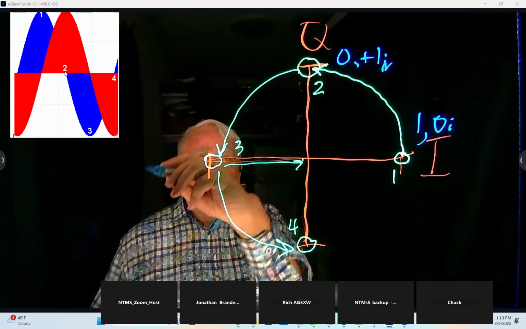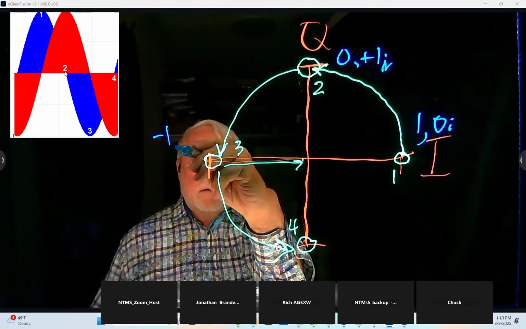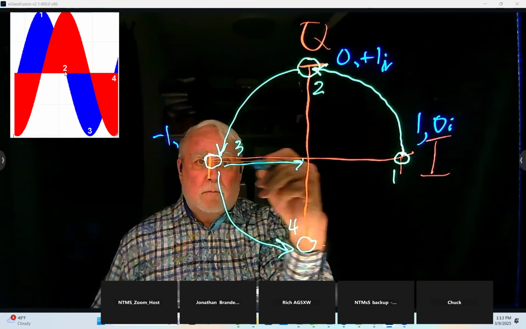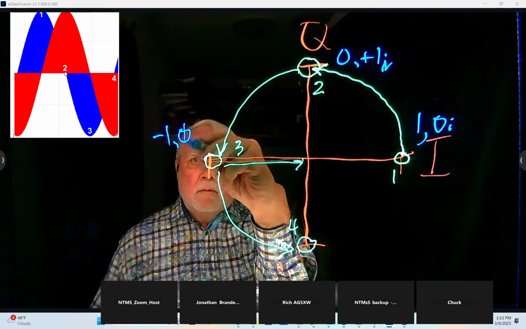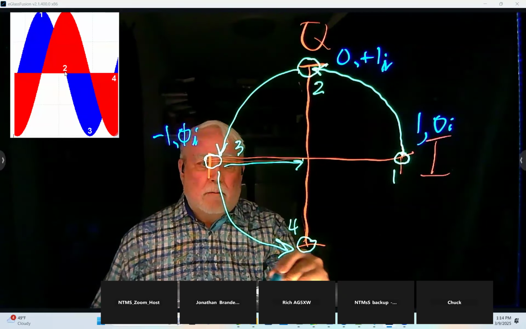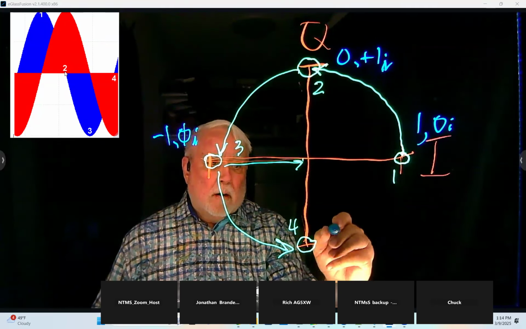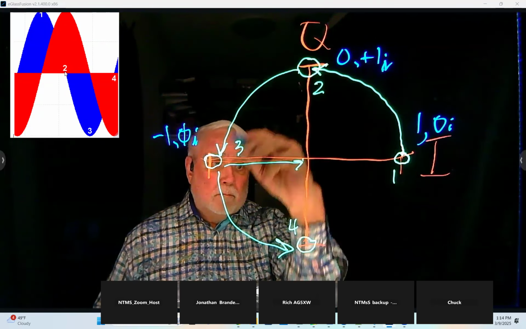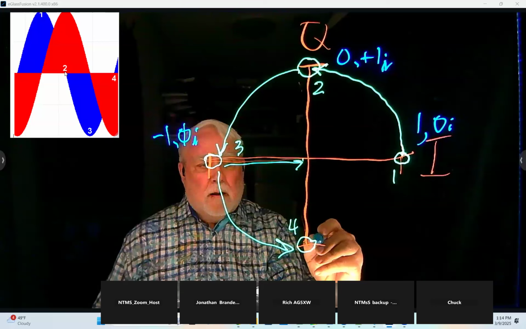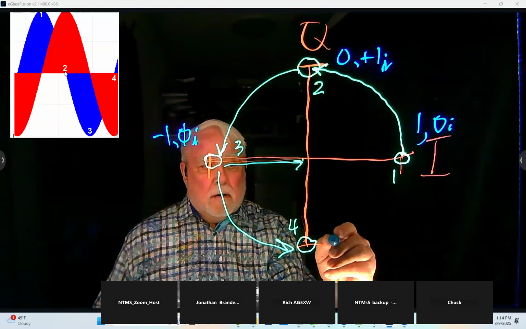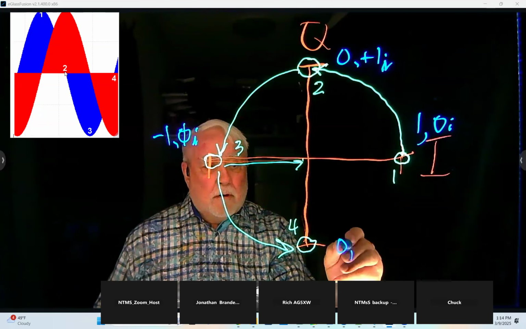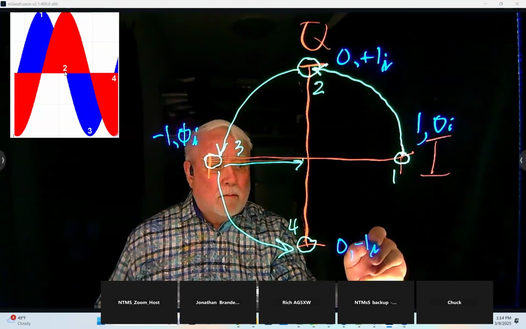And then this number here is going to be -1, because the real number comes first, and we're -1 on that axis, and a 0, imaginary. And finally, at this point, we've come 270 degrees or radians, and we are now at 0 again for the real number and -1 imaginary.